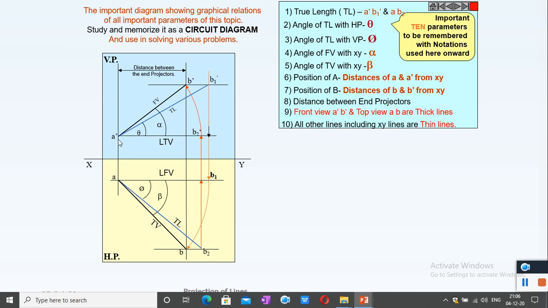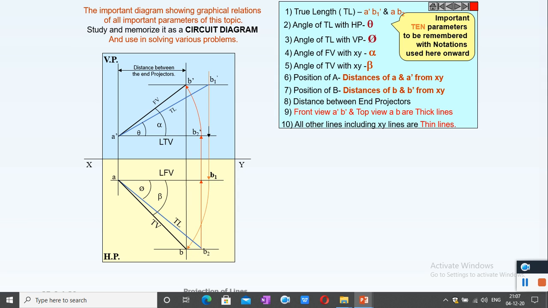In a problem, the position of A is given. That is, the distance from XY to A dash and A will be given. These are the positions of B dash and B are given.